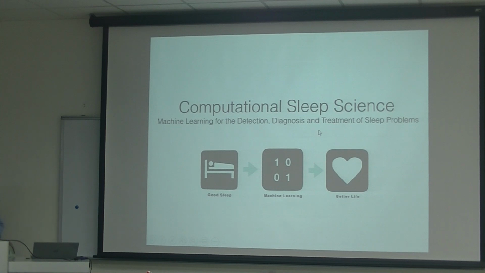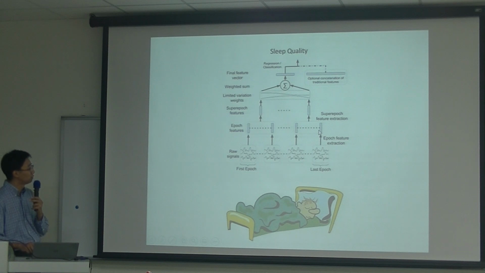So I'll just give you an example here. In sleep medicine, we have lots of data about physiological signals. Then we want to differentiate the different sleep diagnoses based on these signals. So that's why we need something like computational sleep science. For example, we need to derive the features in the EEG data or in the sleep data.